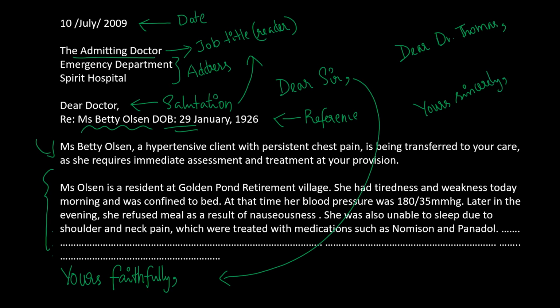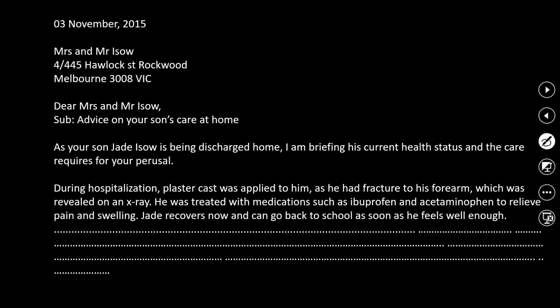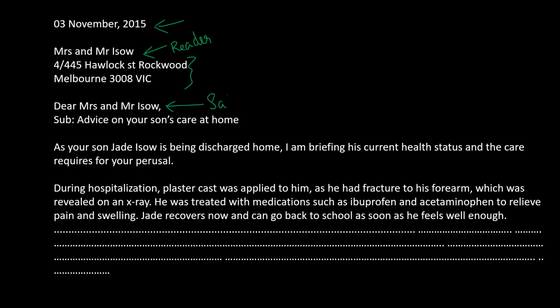Let's have a look at one more example to ensure that you've understood what I've been discussing so far. This is one last example before we wind up today's video. Now here, the date, my reader, I'm writing to Mrs. and Mr. Isho. This is my reader and their address. This is how my salutation goes.